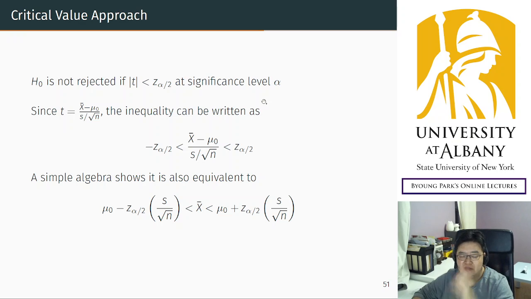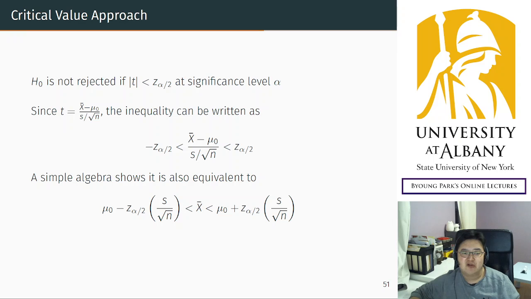The margin should be determined so that the decision rule is consistent with the previous decision rules, like the t-statistic approach or the p-value approach. It's also pretty simple. Remember, in the t-statistic approach, the acceptance region is like this. If the standardized difference is within plus minus z alpha over 2, then you are not rejecting the null hypothesis.